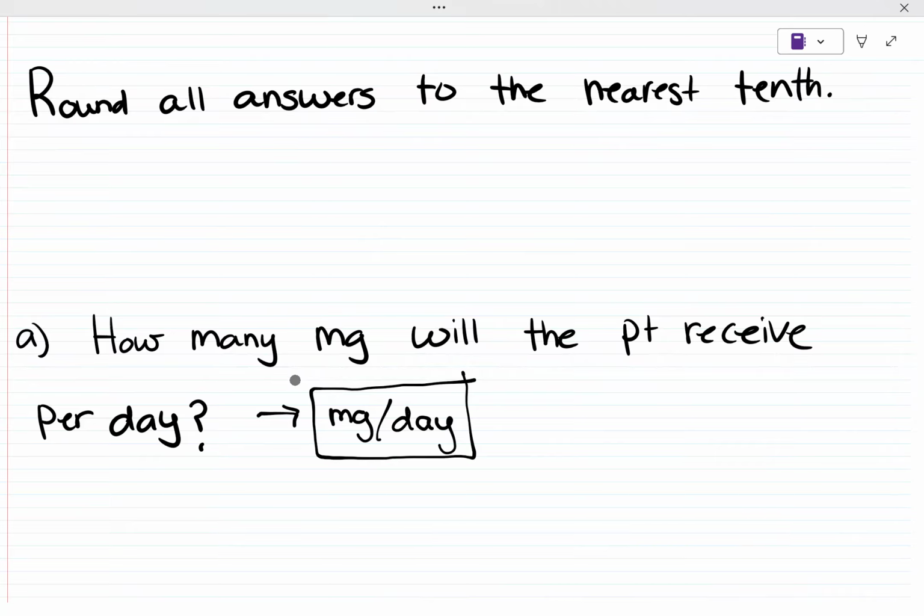So let's start. You could use dimensional analysis. What we could do is 30 mg.